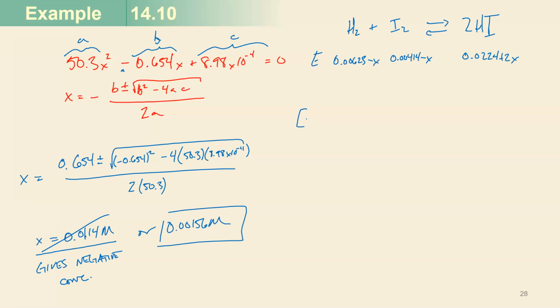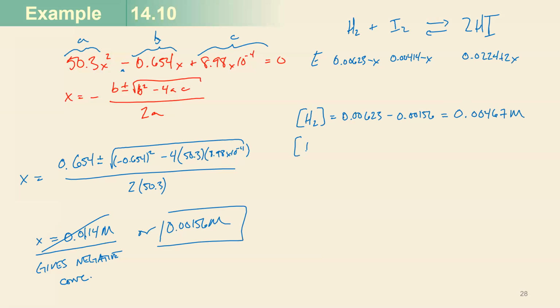And so the concentration of H2 is 0.00623 minus 0.00156. That gives us 0.00467 molar.